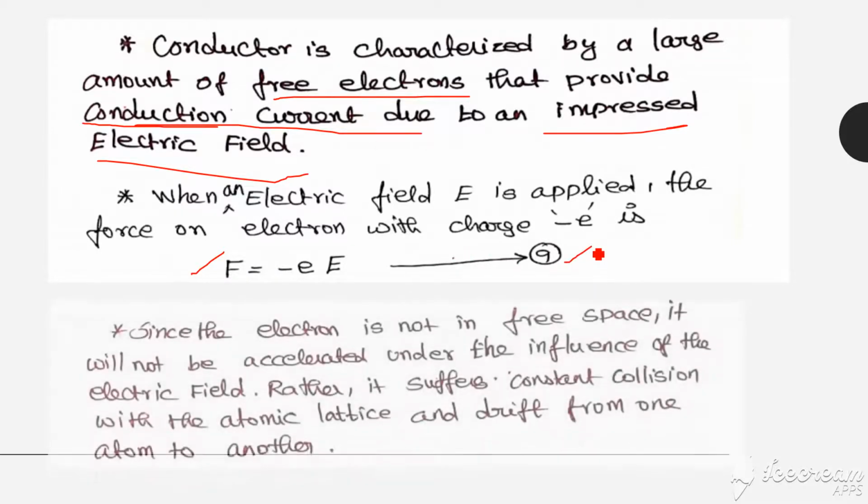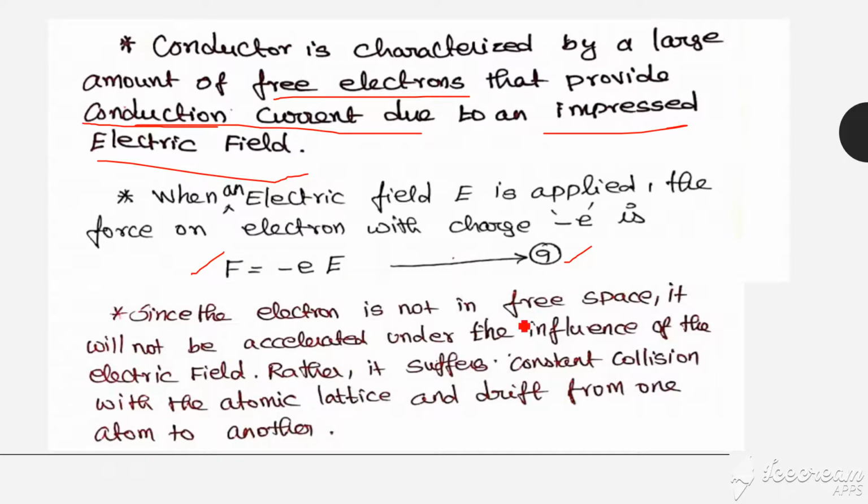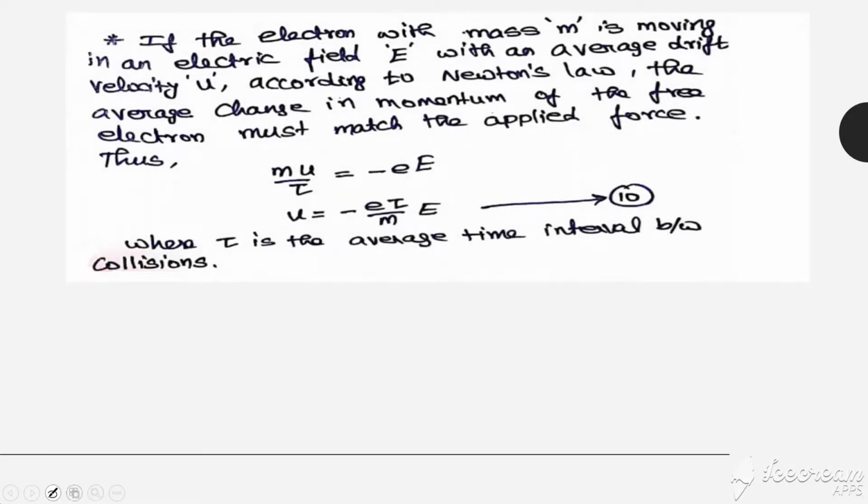So next one, since the electron is not in free space, it will not be accelerated under the influence of electric field. Rather, it suffers constant collision with the atomic lattice and drifts from one atom to another atom. If the electron with mass m is moving in an electric field E with an average drift velocity u, according to Newton's law, the average change in momentum of the free electron must be matched with the applied force.